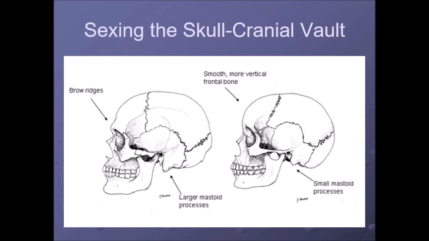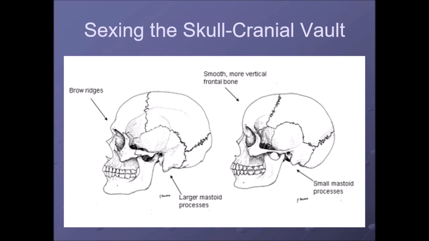Same images side by side from a male to female. Here you can see clearly the male skull, which is the one on the left, is a larger, more robust skull. You can see all those muscle attachments are a little bit larger, a little bit more pronounced.